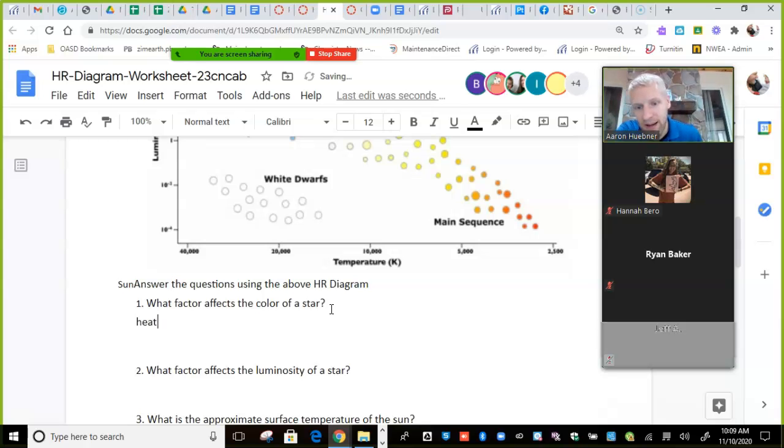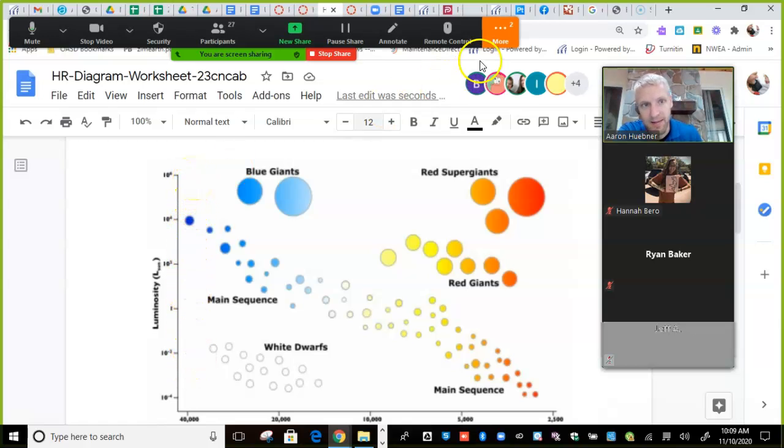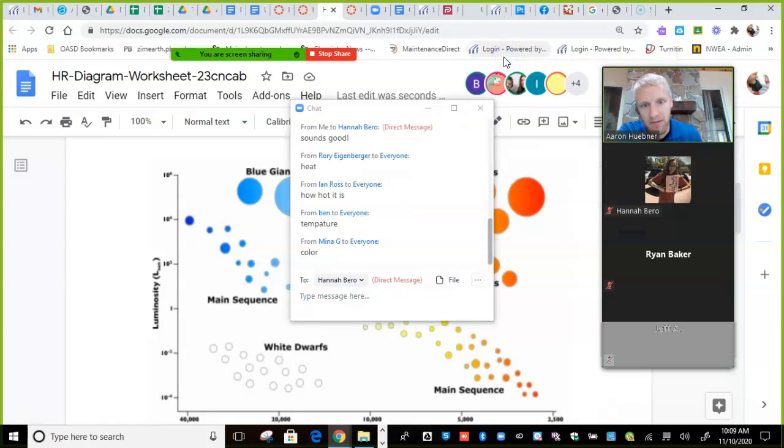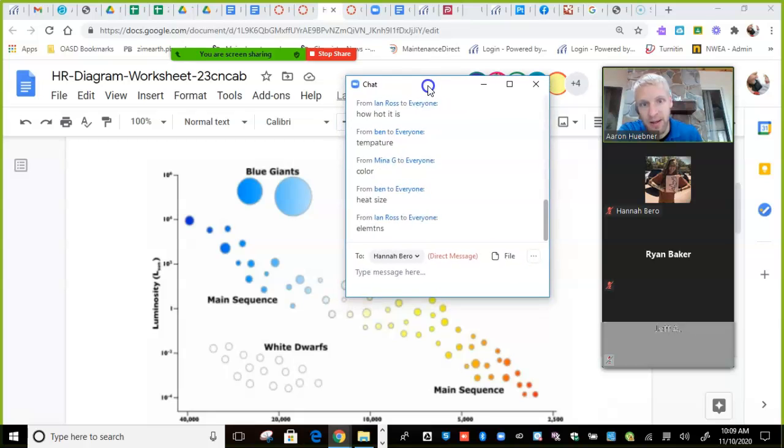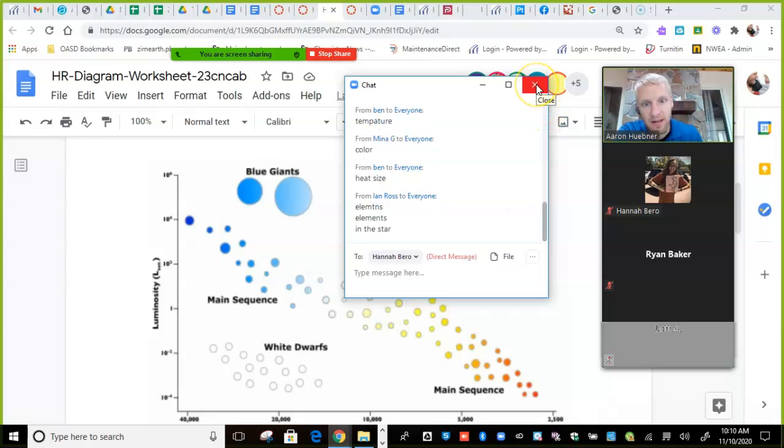Heat. What factor affects the luminosity of a star? Luminosity. Any ideas? Okay, we got heat, size, elements, color.